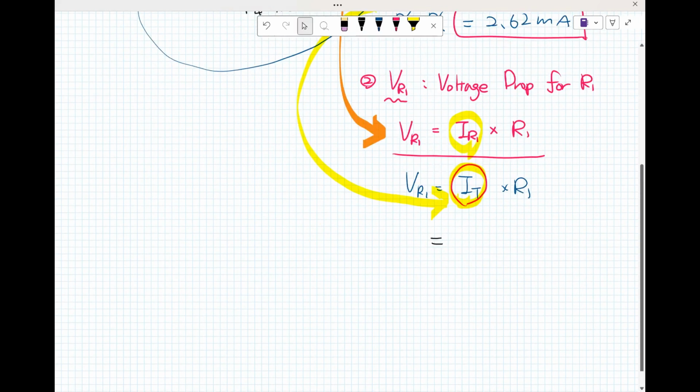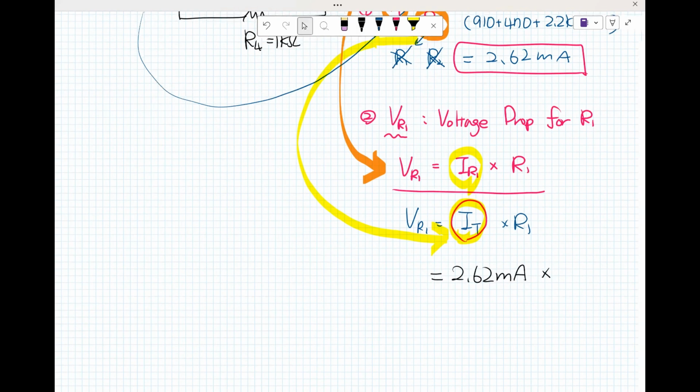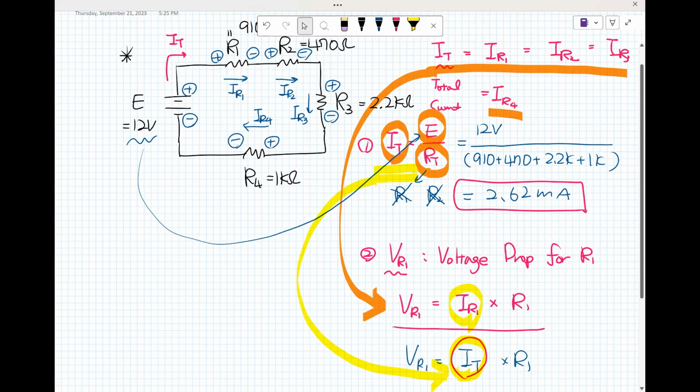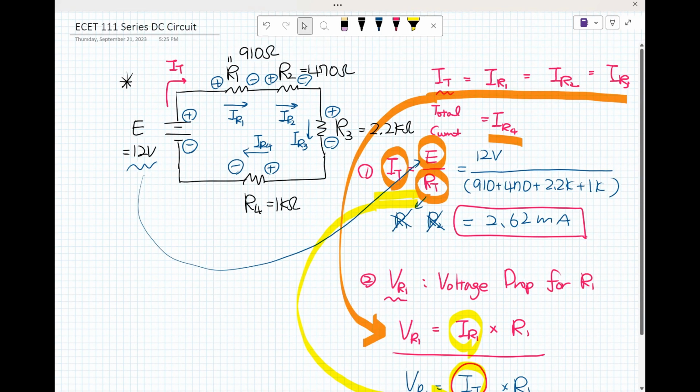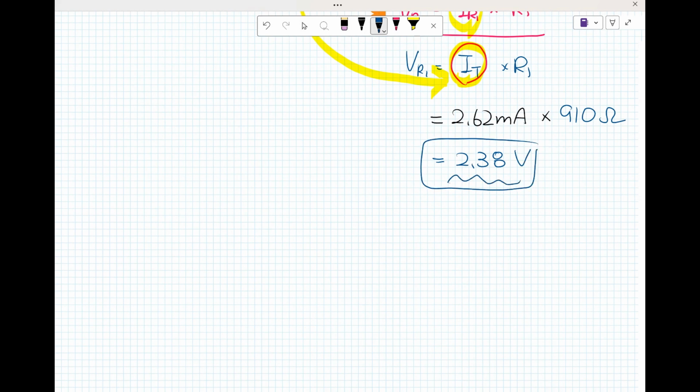That was 2.62 milliamps multiplied by R sub 1, which is 910 ohms. So that is finally 2.38 volts, the answer for V sub R sub 1.